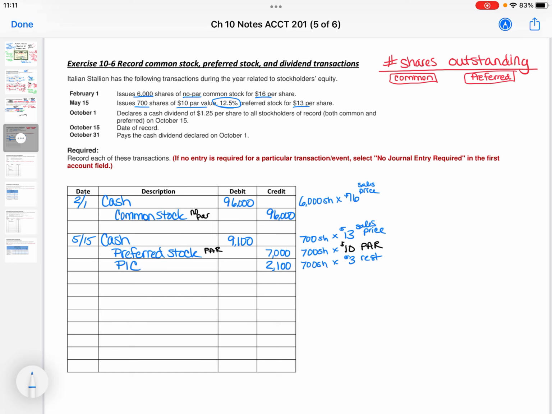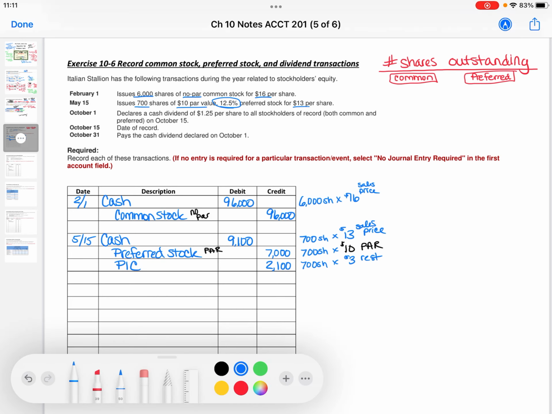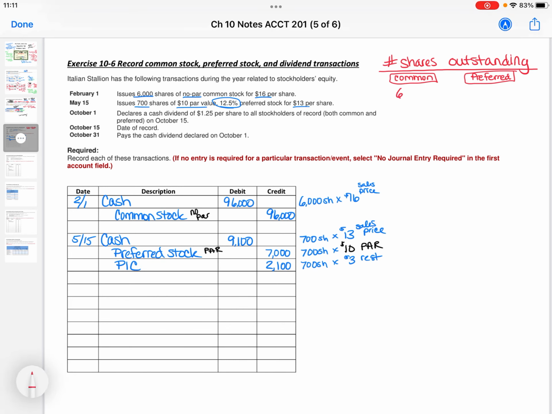Shares. How many shares did we distribute on February 1st? Well, we did 6,000 common stock on February 1st, I'm sorry. And then preferred, we didn't have any. And then on May 15th, we did have 700 shares for preferred.